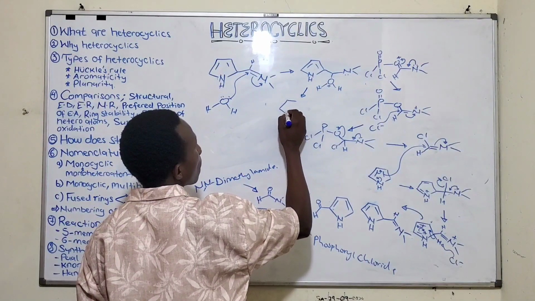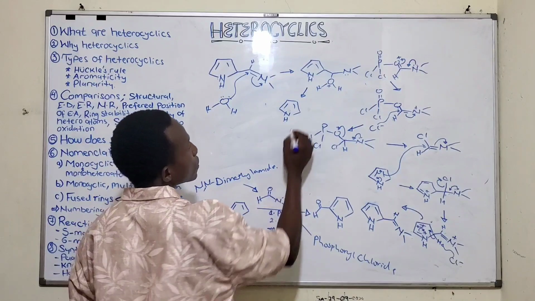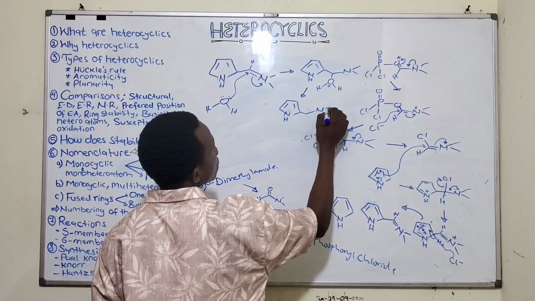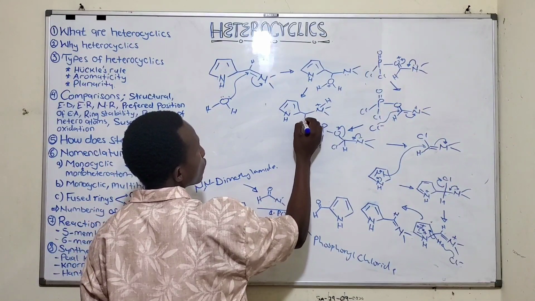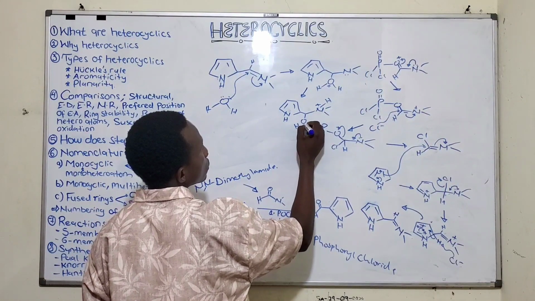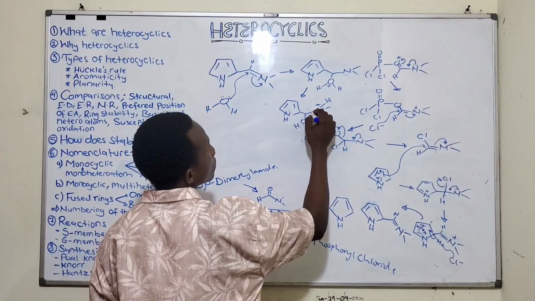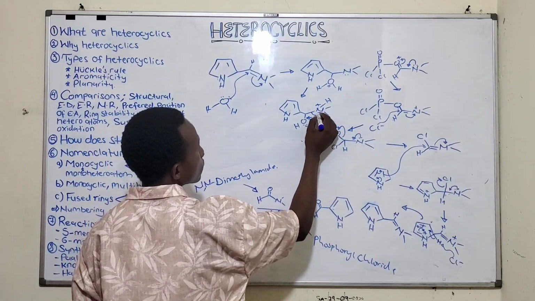So we come up with this hydrogen, double bonds, then N, the hydrogen. So it's now plus. Then you have OH. So this one forms a bond. This one breaks off.